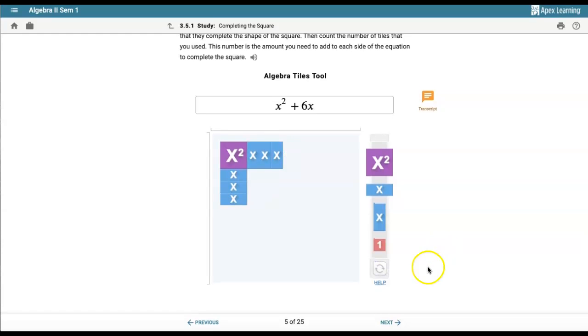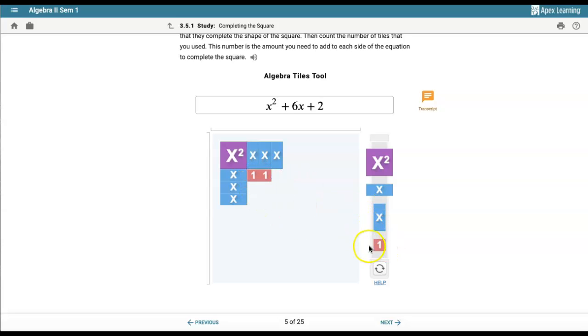So, moving forward, what it's asking you to do is try to match things up until it ends up filling in the shape. So right now, this is like our puzzle piece here. What can we add that's going to perfectly fit in this shape? And like I told you, I'm not the best with these little algebraic tile tools.